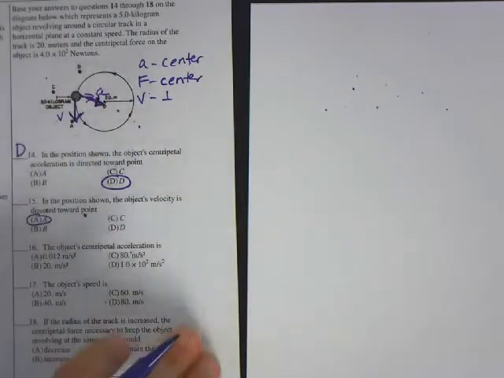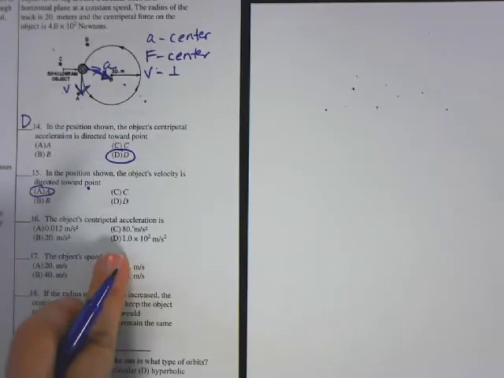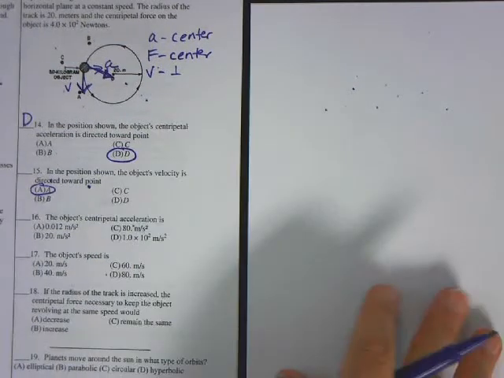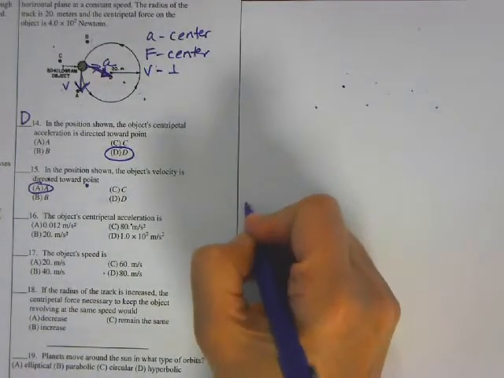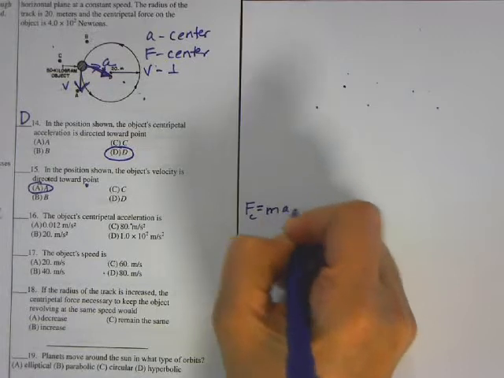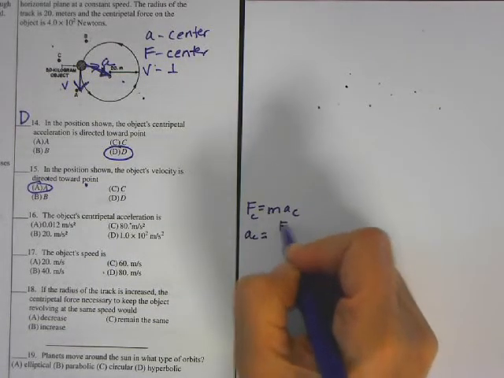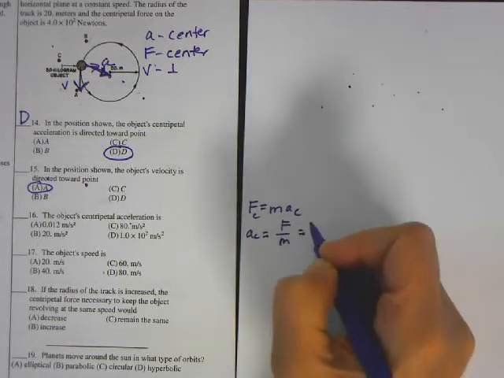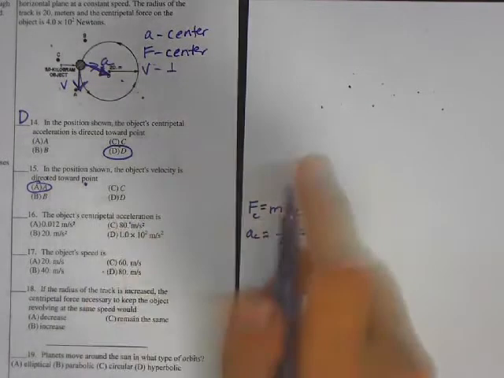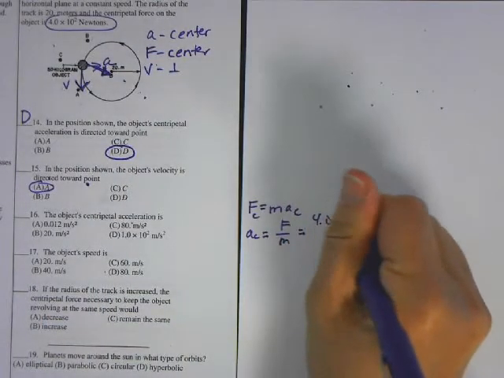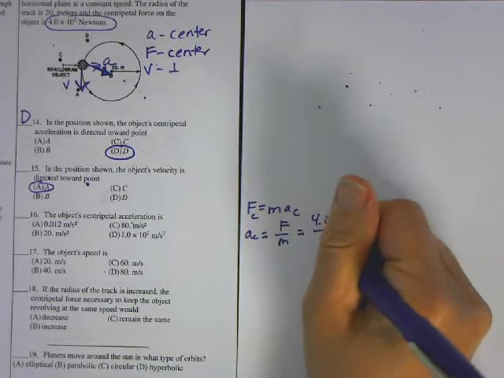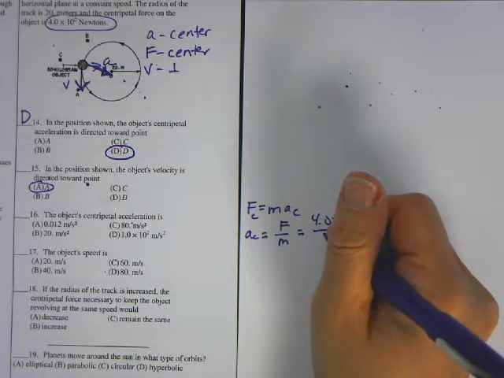The centripetal acceleration. So how do I find the centripetal acceleration? I know F of c is equal to m a c. So a c is equal to F over m. So what is F in this problem? Here it is, 4 times 10 to the 2, divided by m, which is, here it is, 5.